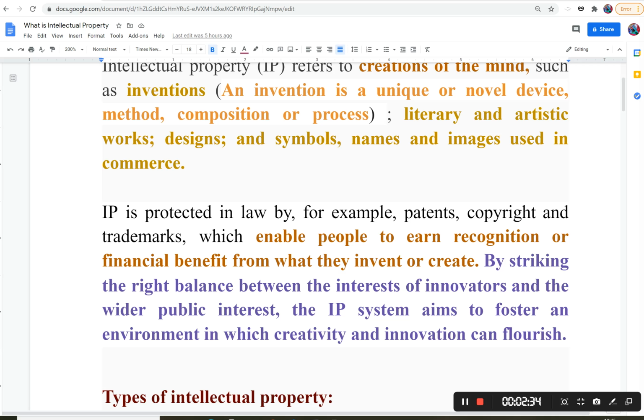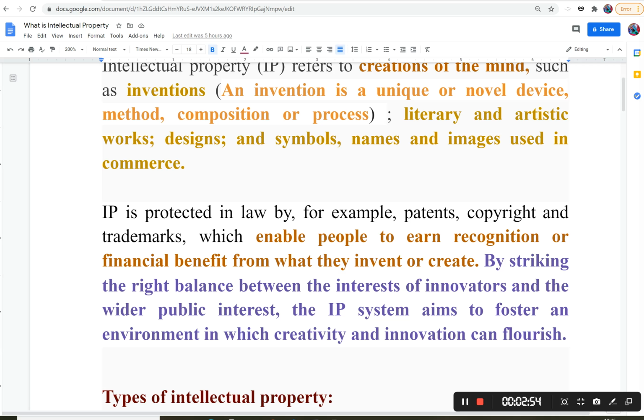The one who creates the intellectual property can get reputation as well as recognition, and can also take financial benefit by commercializing what he has created.